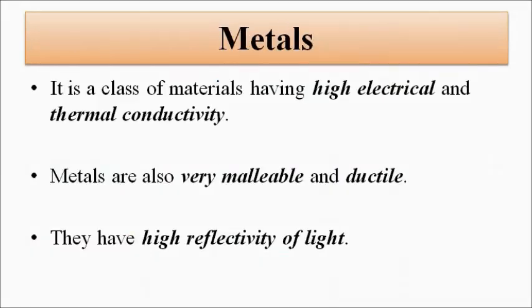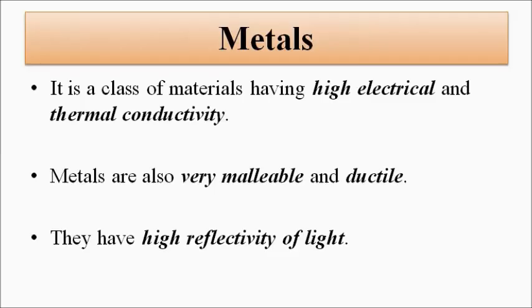So first is metals. It is the class of materials which we all know, they have high electrical and thermal conductivity from the point of view of engineering properties. They also have the mechanical characteristics, they are very malleable and ductile.